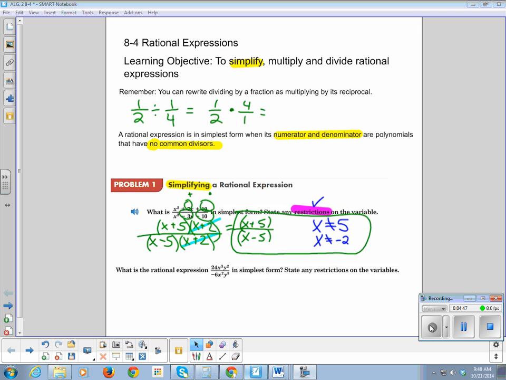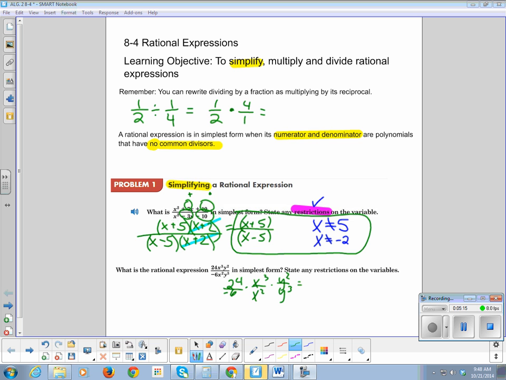All right, the next problem doesn't have any adding or subtracting, so we can crazy cancel. No harm, no foul. So let's do the numbers first. What is 24 divided by, actually, let's divvy it up: 24 over negative 6, x to the third over x squared, y squared over y to the third.